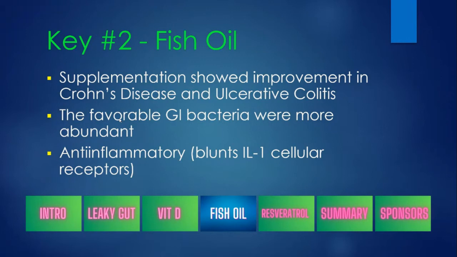Fish oil supplementation showed improvements in Crohn's disease and ulcerative colitis. And it looked like what it does is have an anti-inflammatory effect. One of the things is it blunts something called interleukin-1 cellular receptor sensitivity.